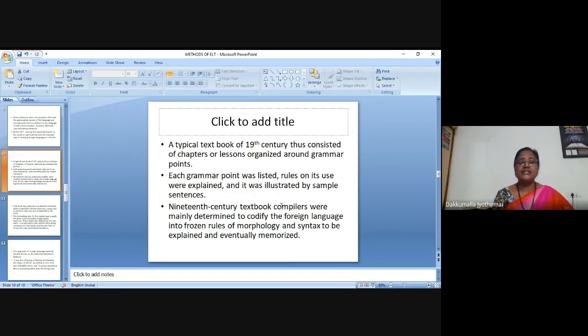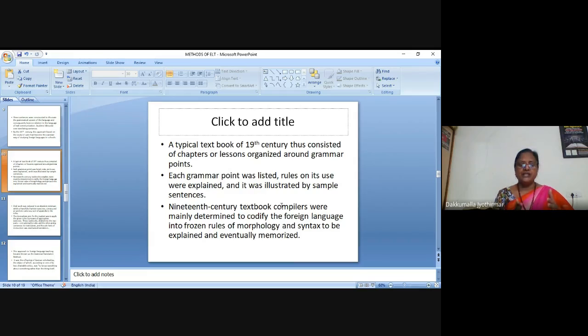So 19th century textbook compilers were mainly determined to codify the foreign language into frozen rules of morphology and syntax to be explained and eventually memorized.